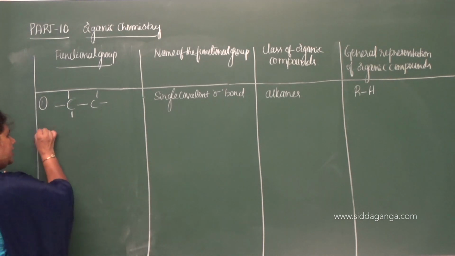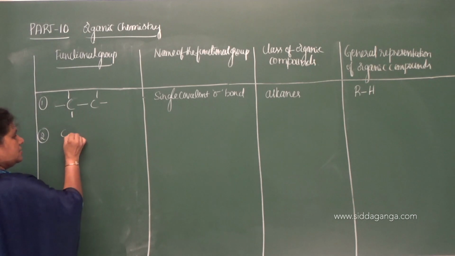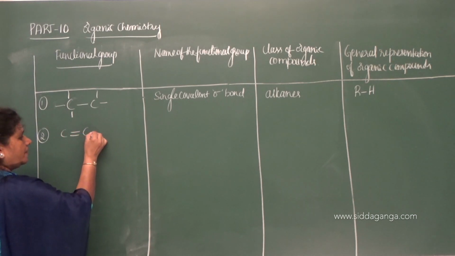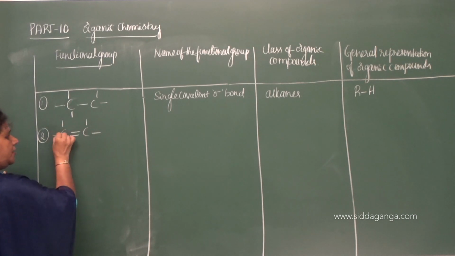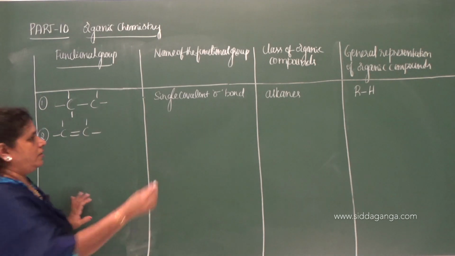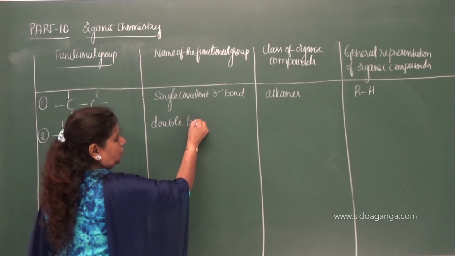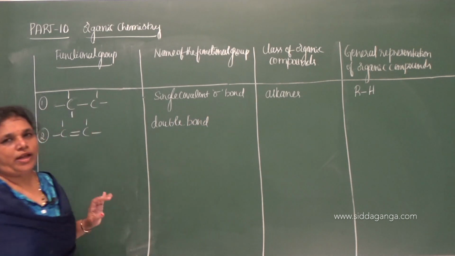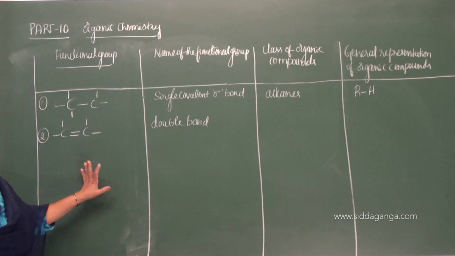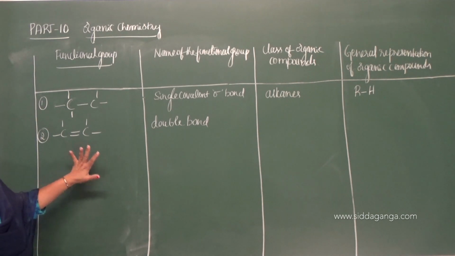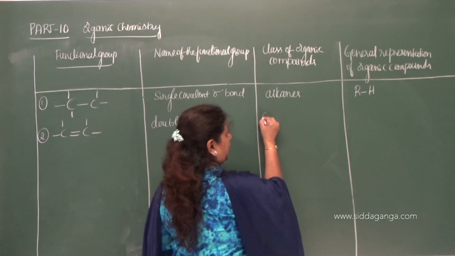The second one is C double bond C, that is carbon to carbon double bond. You know that in a double bond, one is a pi bond and the other is a sigma bond. So double bonds are present in which class of organic compounds?